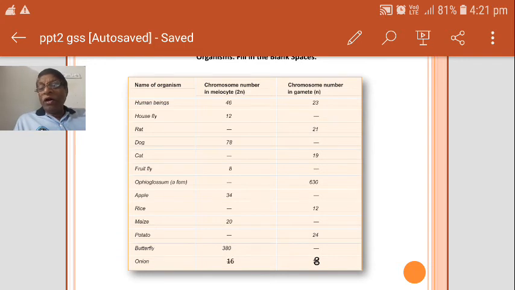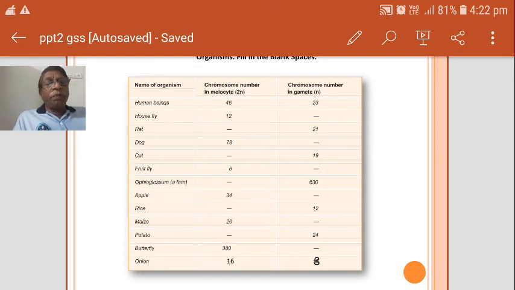Then the onion, scientific name Allium cepa. Okay. Maize, Zea mays. In rice plant, rice means what you call? Paddy. The scientific name of paddy is Oryza sativa.